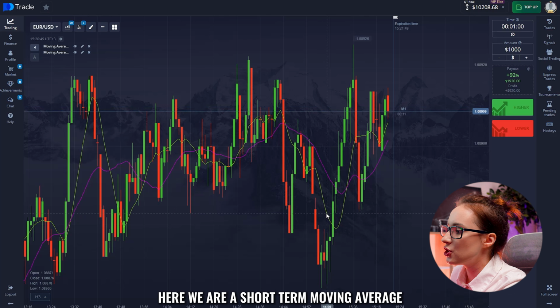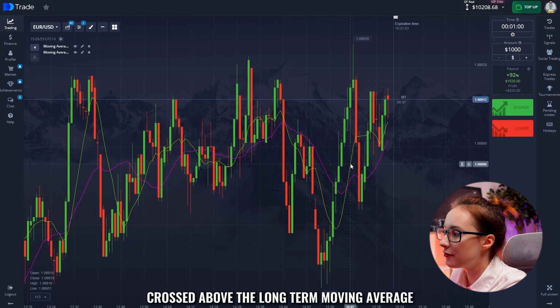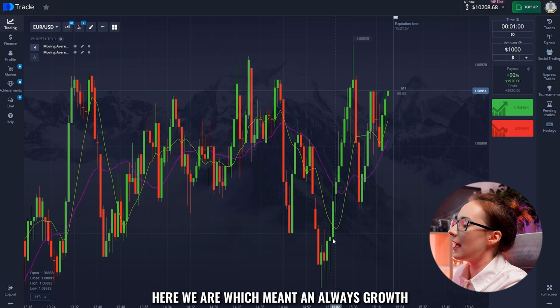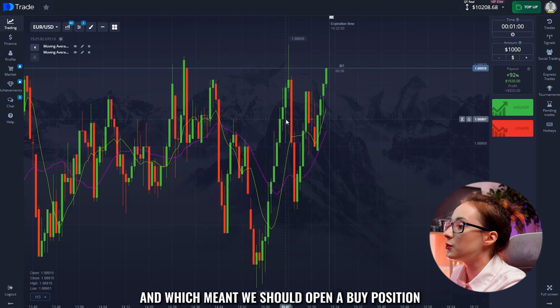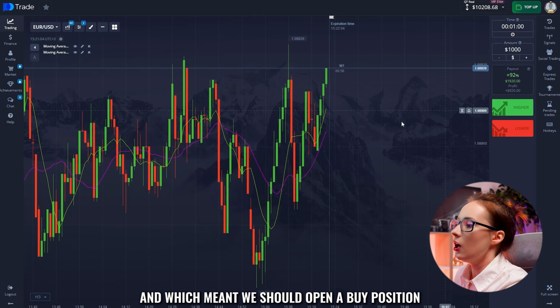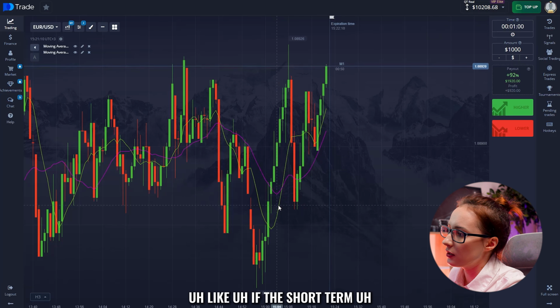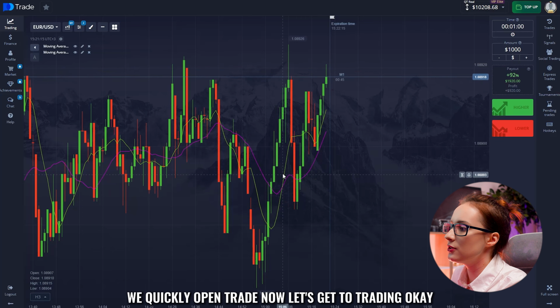Here we are, the short-term moving average crossed above the long-term moving average, which meant an upward trend, of course, an obvious growth of the price of the currency pair, and which meant we should open a buy position. So after we see a crossover, if the short term crossed the long term below or above, we quickly open trades.